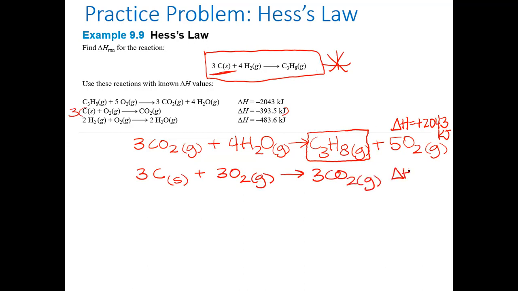Then my delta H will be 3 times negative 393.5. That delta H is negative 1,180.5 kilojoules of heat.